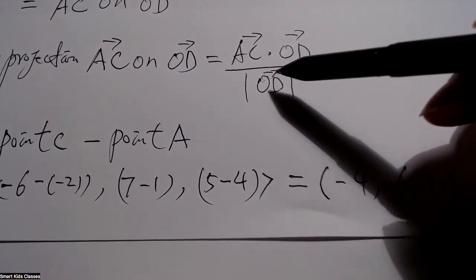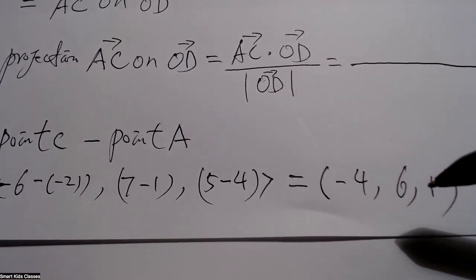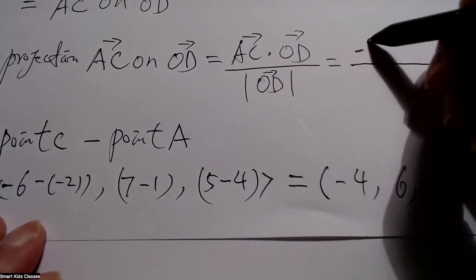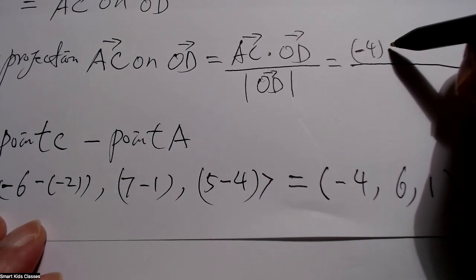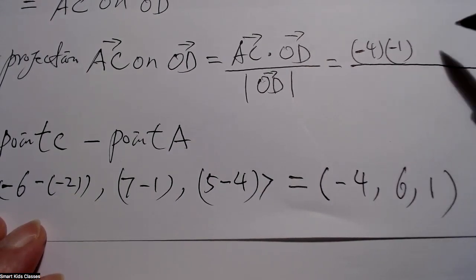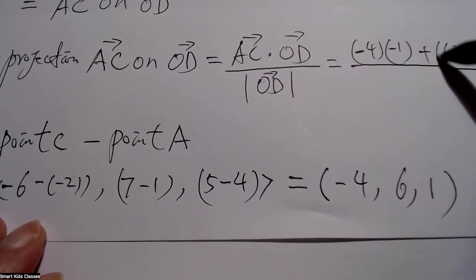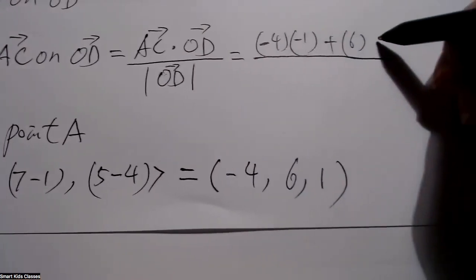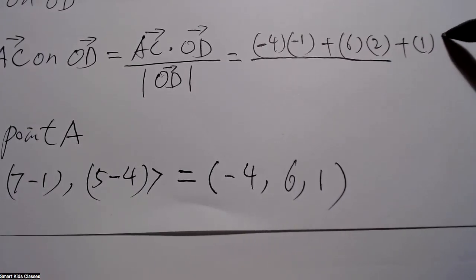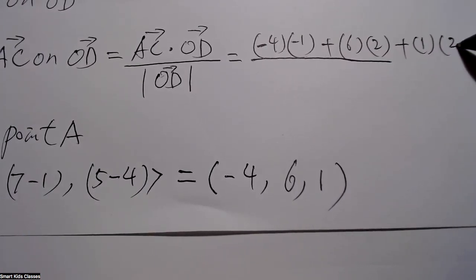So vector AC dot OD. So we're going to use -4 times -1 for OC, and then add 6 times 2 and add 1 times 2.